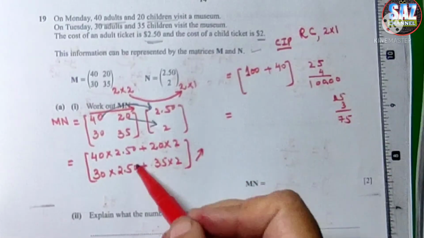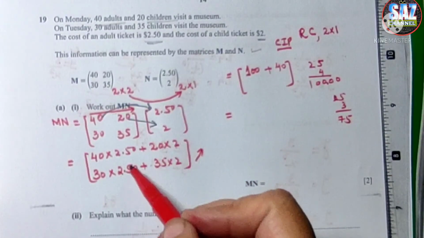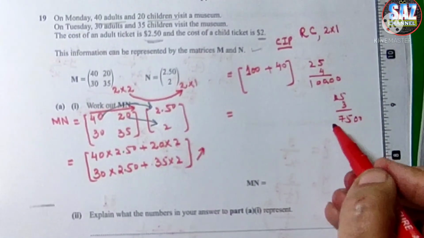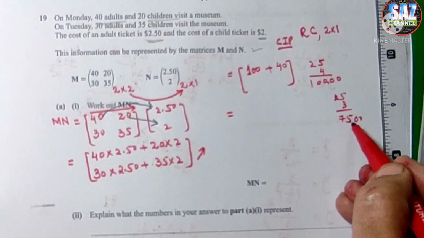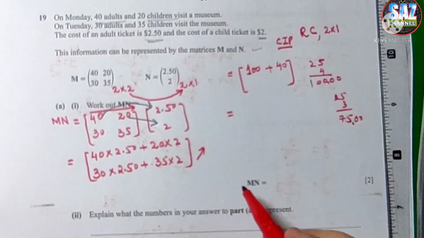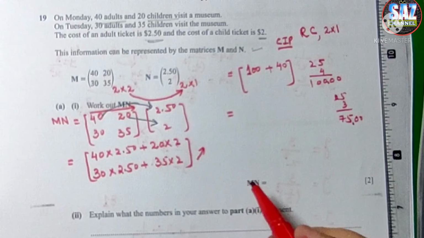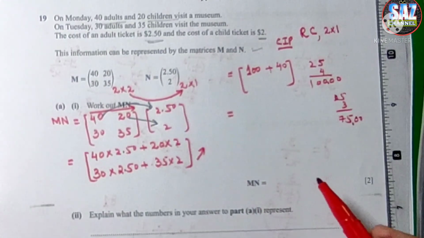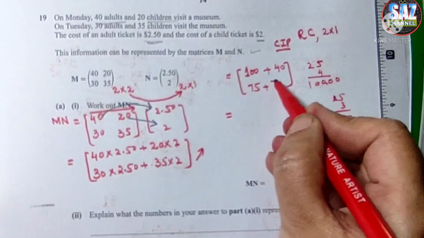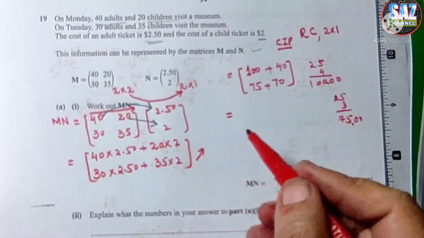And now look children, in the actual question I have 2 zeros as well, so I have to add 2 zeros, and then I have to count that in the question the decimal is placed after how many digits. So that is placed after 2 digits, so I will be placing the decimal and it will become 75 plus 70. 35 times 2 is 70.